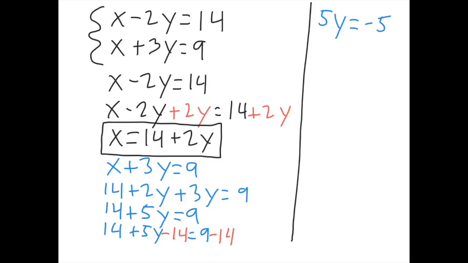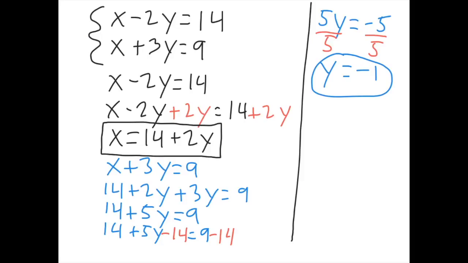So then we divide both sides by 5. And we get that y equals negative 1. So that's one of our answers. Remember, we need two. We need both y and x.